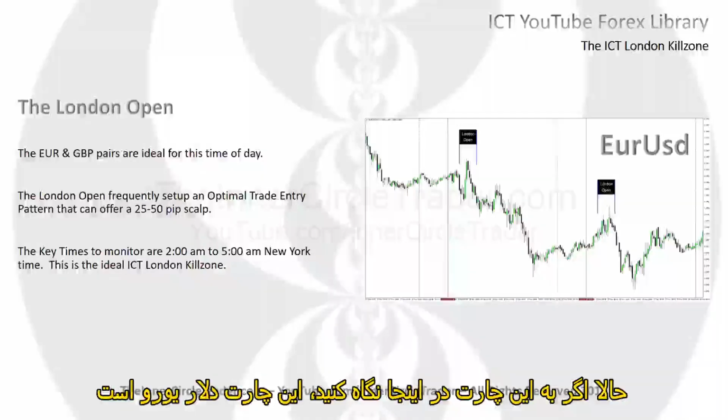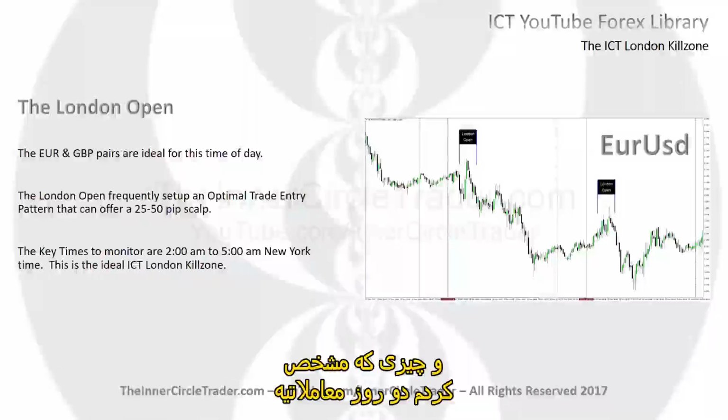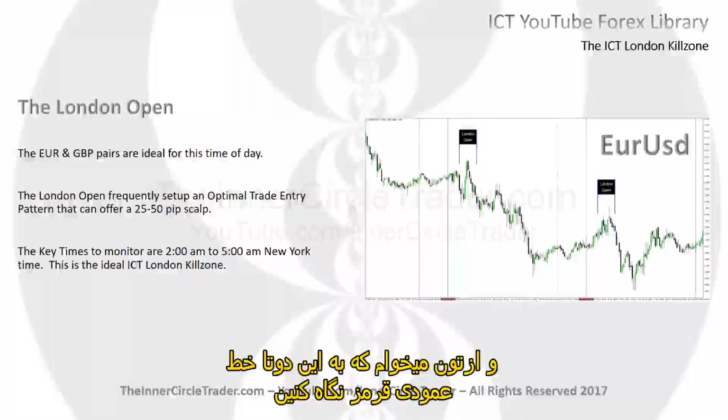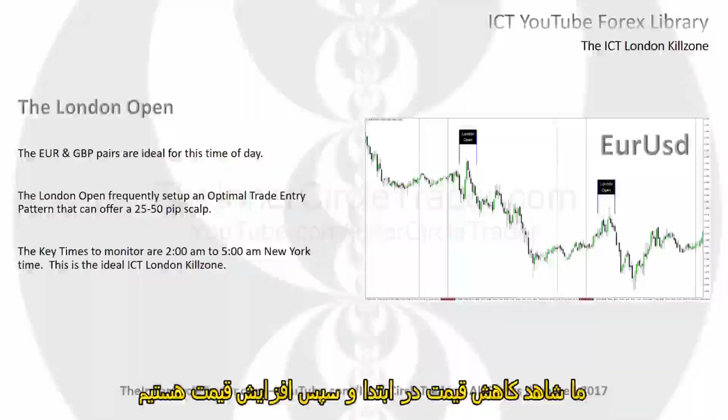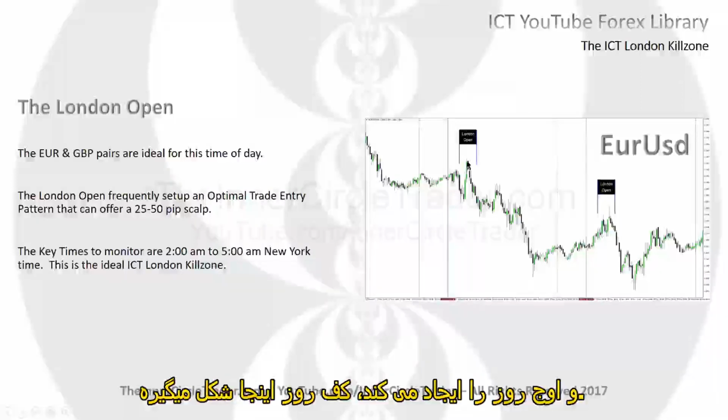Now, if you look at this chart here, this is a euro dollar chart, and what I'm highlighting here is two specific trading days, and I want you to take a look at the red, a deep red vertical line. There's two of them. Immediately to the right of the leftmost vertical red line, we see price action drop down initially, and then it rallies up, and it creates the very high of the day.